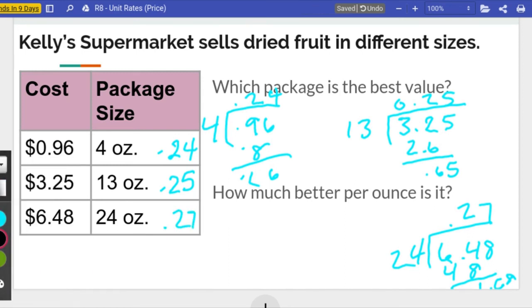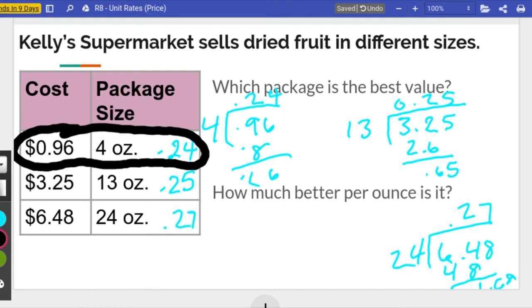The best value is the 4-ounce package for 96 cents because we're only paying 24 cents per ounce. How much better per ounce is it? Well, looking at the next closest one, it is 1 cent per ounce cheaper. So how much better? It is 1 cent per ounce cheaper.